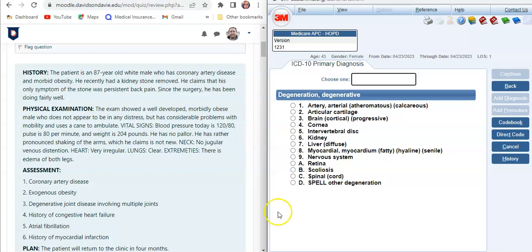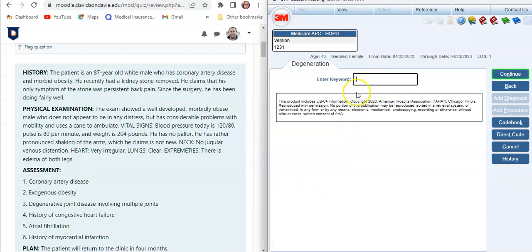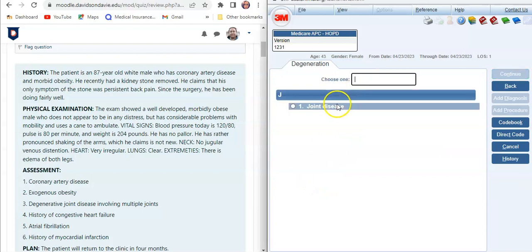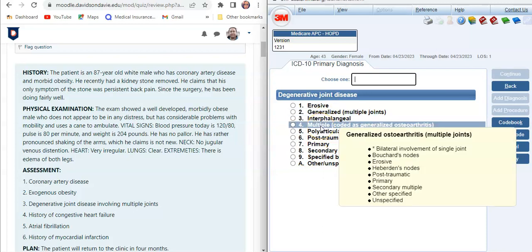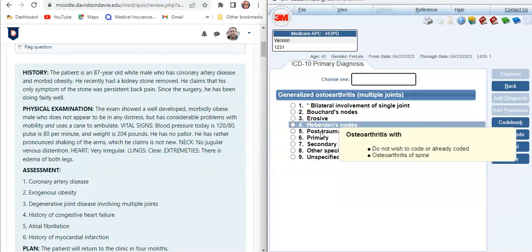Now none of these are what I need, so spell other degeneration. Well, joint disease, okay. I'm probably taking the long route there, but I'm thinking I'll probably get there. So it also says that it's involving multiple joints, and right here it does say multiple joints. I'll go ahead and choose that.